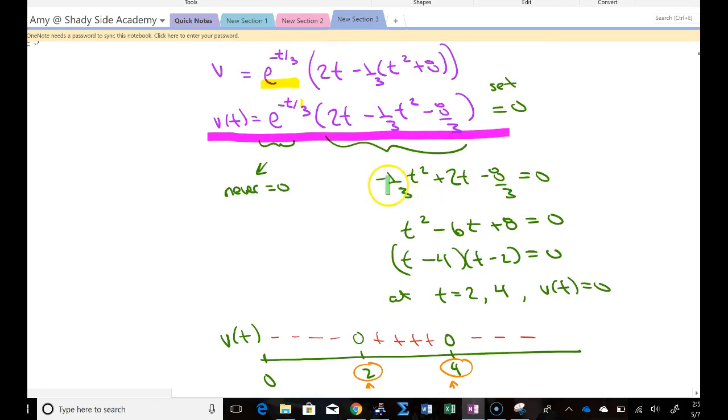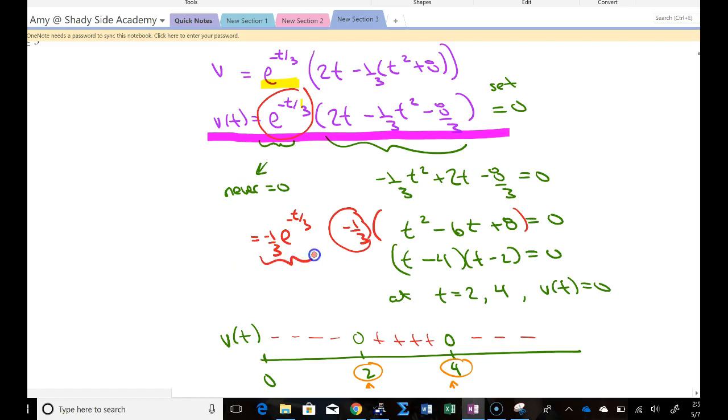Now look what I did over here. I factored out a negative 1/3 out of that quadratic factor, which is all fine. I have to just make sure I keep track of it. There's a negative 1/3 factored out, and there's an e to the negative t over 3 factored out. If you want to think of it this way, you can think of it as me factoring out negative 1/3 e to the negative t over 3.